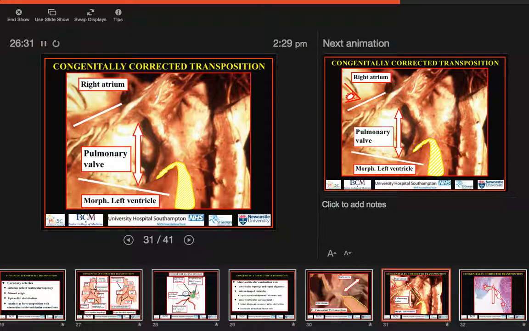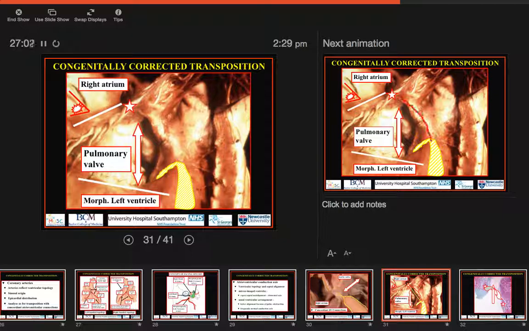But no longer is this going to be able to reach the regular node at the apex of the triangle of Koch, because that is up here in the atrial septum, and it's separated by the malalignment gap. So instead, we know that there is the ring of tissue that surrounds the tricuspid valve, in this instance the mitral valve, during normal development.